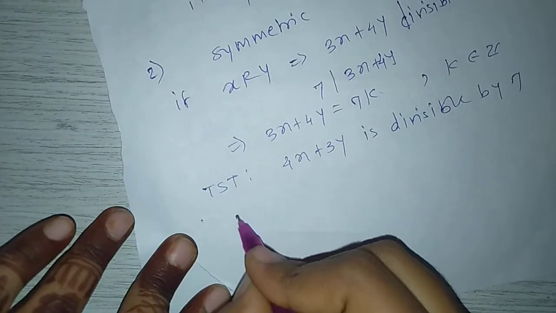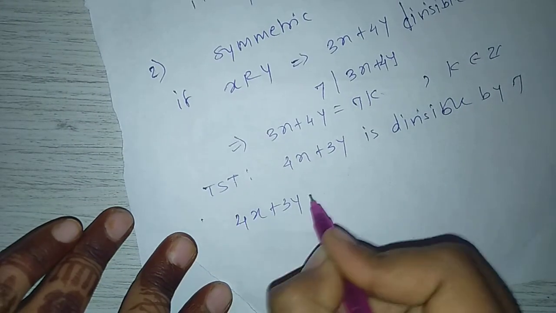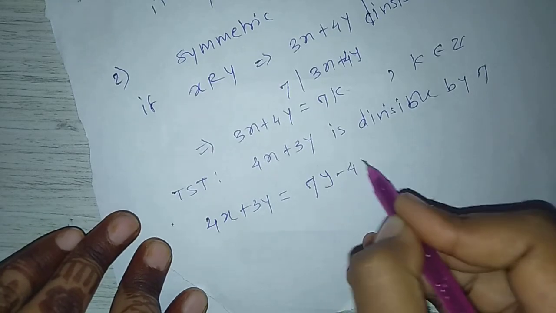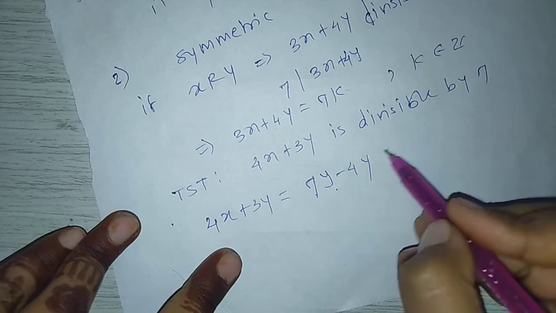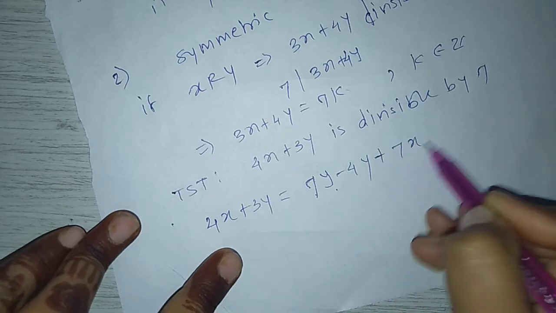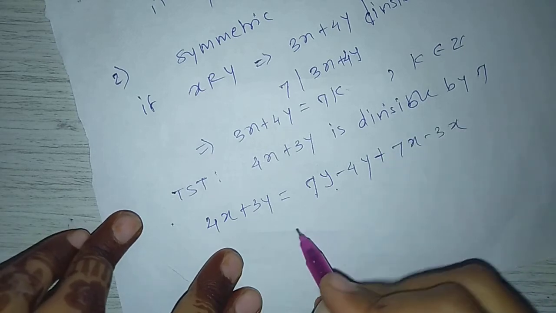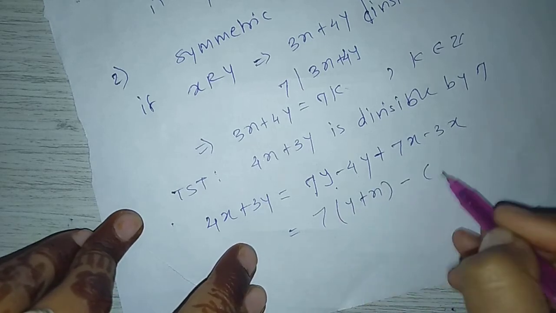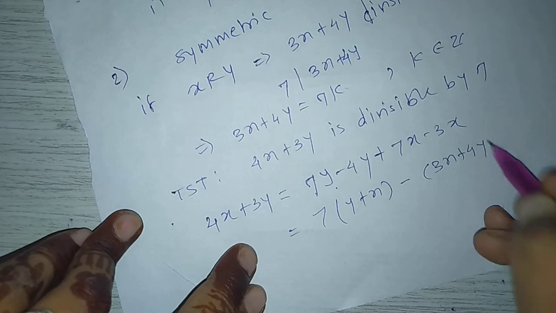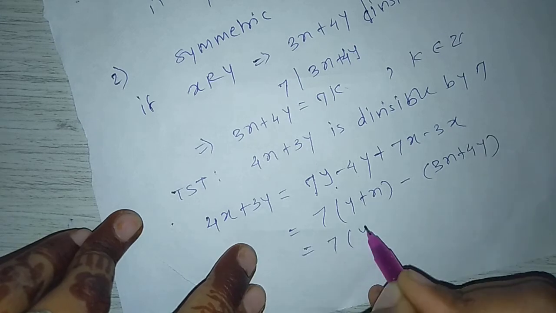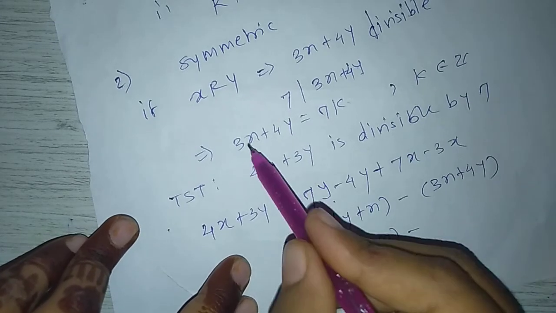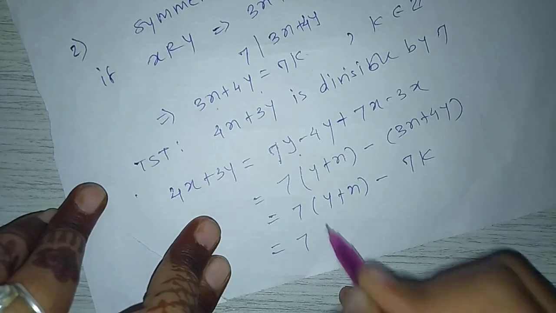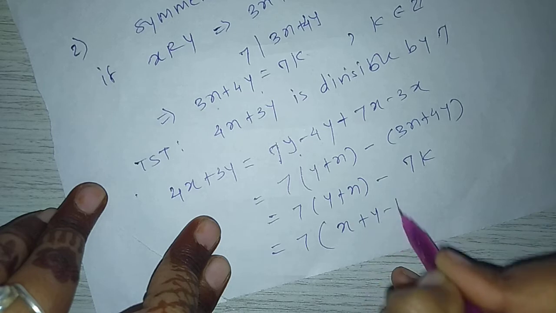Now 4x plus 3y can be written as 7y minus 4y plus 7x minus 3x, equal to 7y plus 7x minus (3x plus 4y), equal to 7y plus 7x minus 7k. Take 7 common: 7(x plus y minus k).